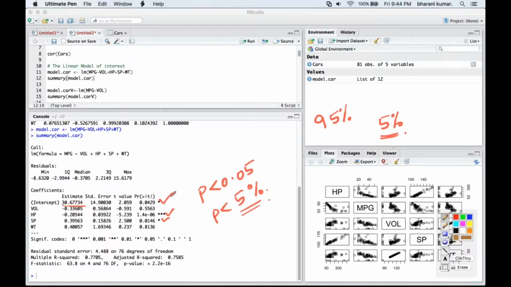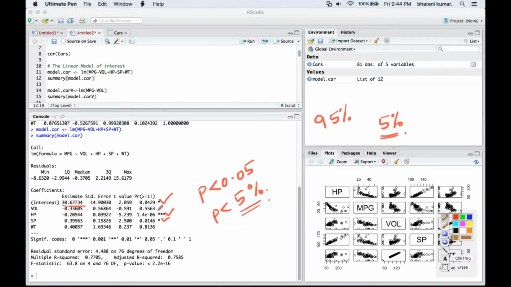Or statistically speaking, these values are statistically significant if the p-value is less than 0.05. Or another statistical statement: these values are significantly different than 0 if the p-value is less than 5%.